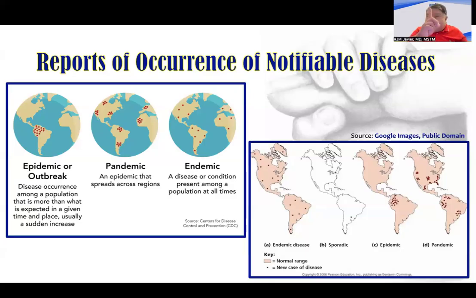So even though it's a single case, it's considered an epidemic. It's not exactly sporadic. It didn't happen haphazardly, but we are associating it with the poor vaccination compliance rate. So even a single case can sometimes be reported as an epidemic, especially if it is potentially life-threatening that could affect the general population.